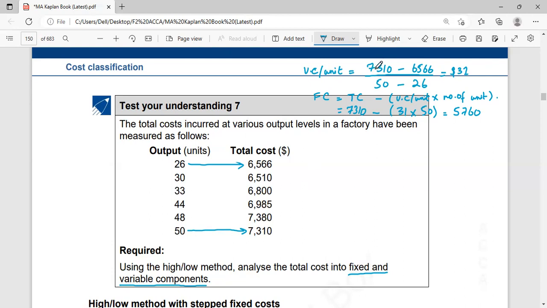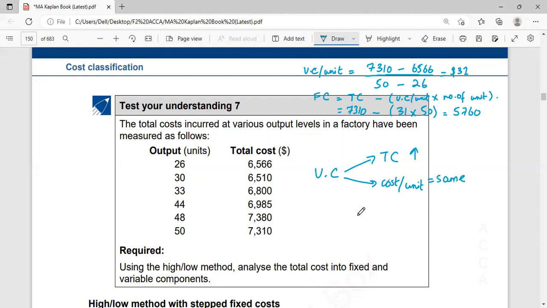Now just another thing you need to keep in mind is how will you analyze whether this cost is a semi-variable cost or not? Because it can be confusing. It could be a variable cost. How will you get to know that this cost is semi-variable cost? So in the last class, I told you that variable cost had two characteristics. Number one, total cost increases with increase in units, with the level of activity, and cost per unit remains the same.